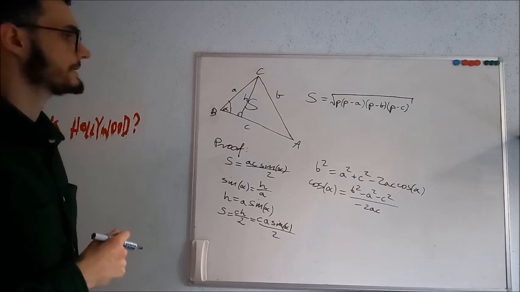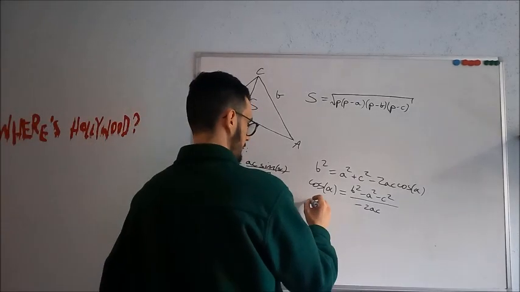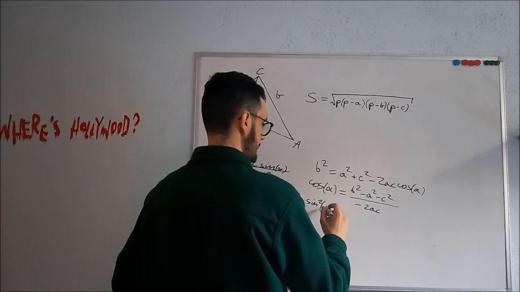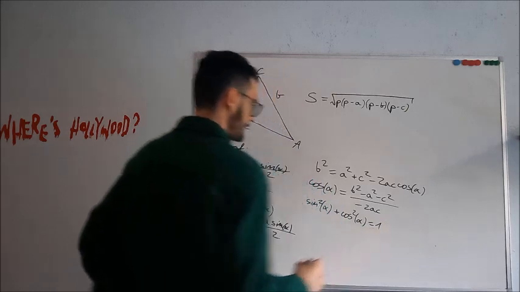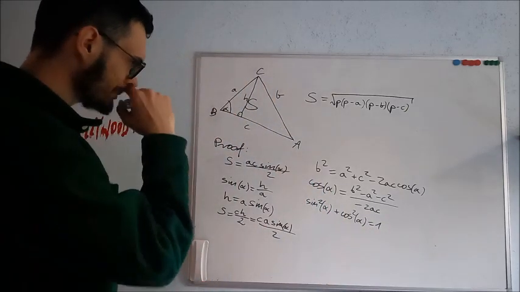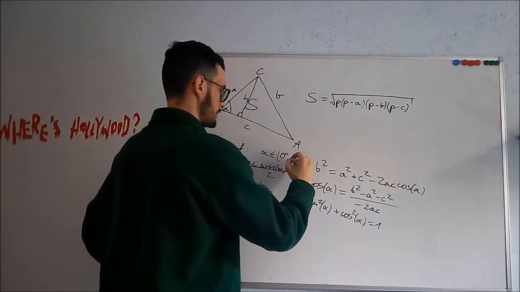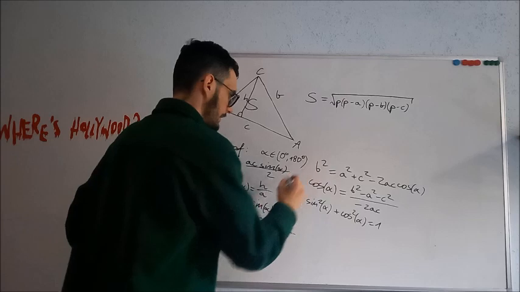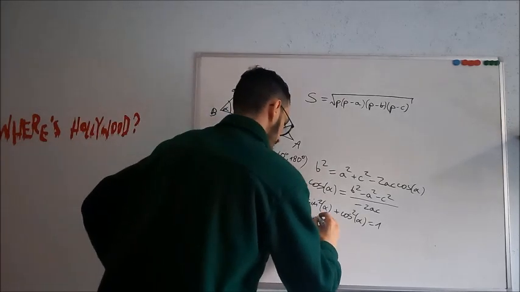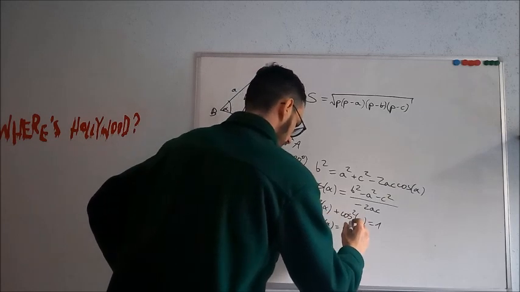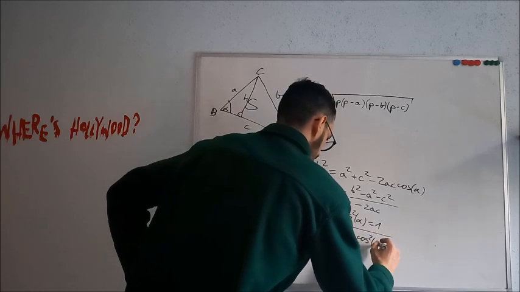Okay, the next thing is to use the trigonometric identity, which is sine squared alpha plus cosine squared alpha is equal to 1. And since alpha is between 0 degrees and 180, we can see that sine alpha is the square root of 1 minus cosine squared alpha.